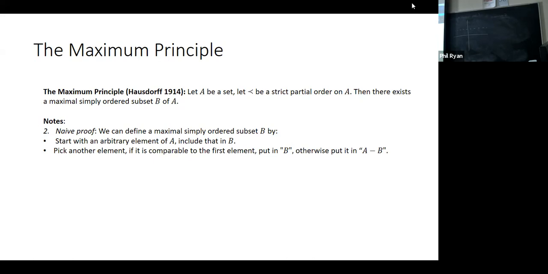If it is comparable to the first element, put it in B, otherwise put it in A minus B. I'm putting quotation marks here because I haven't defined B yet. It's like I'm making a B box and an A box. So really what we want to do is set up a set of B's indexed by some set that eventually is going to lead to B.